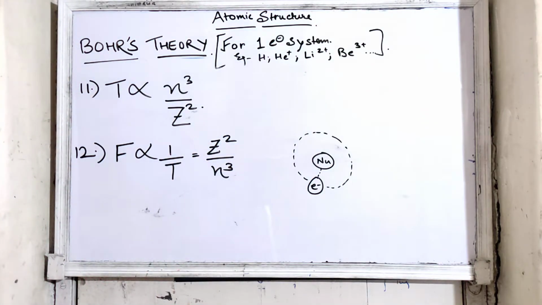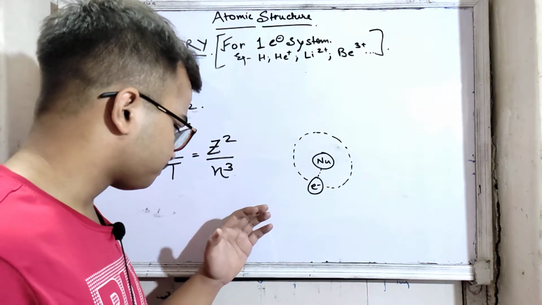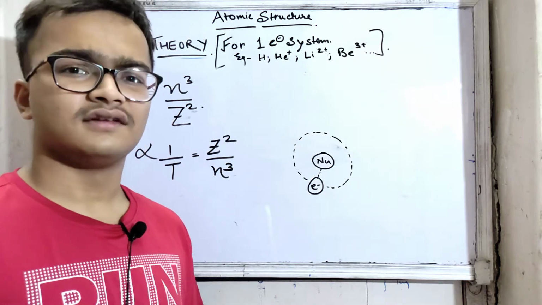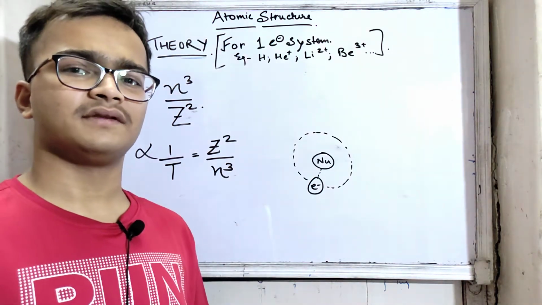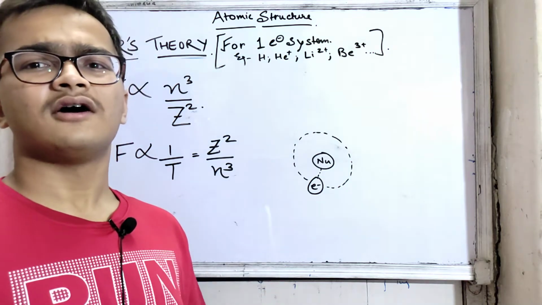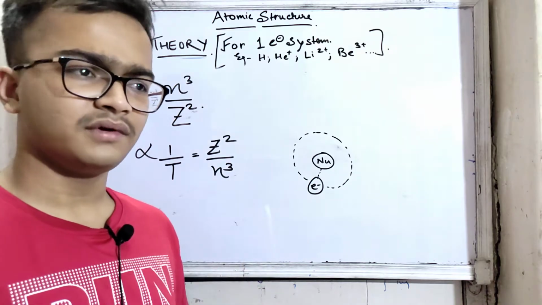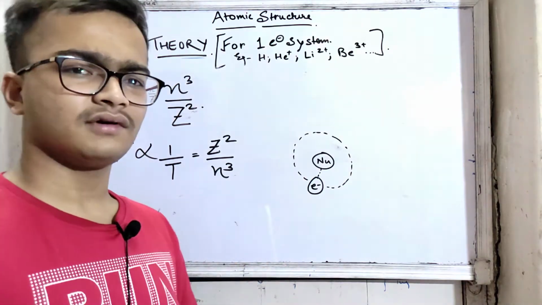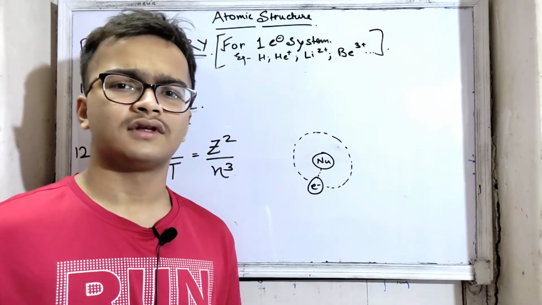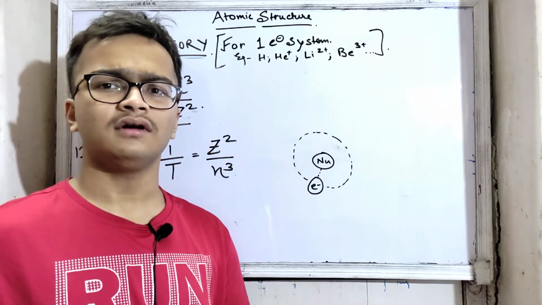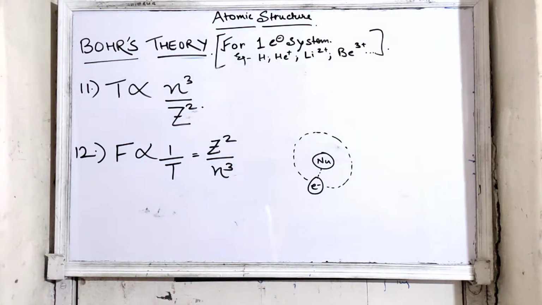Frequency is how much the electron is covering in 1 second, which is the inverse of time period, so it is coming Z square by n cube. So copy it up to this much. Now I will do some numericals from the Bohr's atomic theory. So copy it, I will bring the numericals.